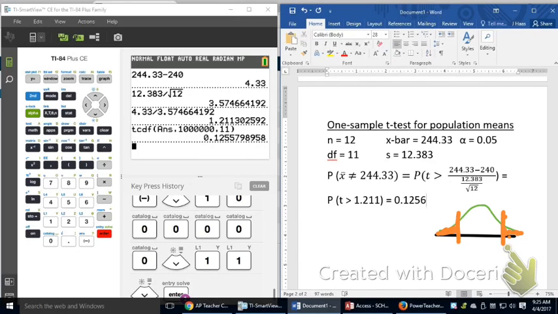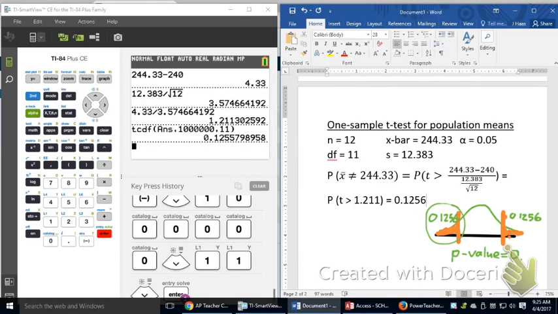So I'm basically going to have to double my p-value. You have to realize that it's equally bad, if you're looking at a not equal to or two-tailed test, to be basically 4 below what you expected of 240. So a t-score of negative 1.21. So that's why I have this probability on the left side here of 0.1256.